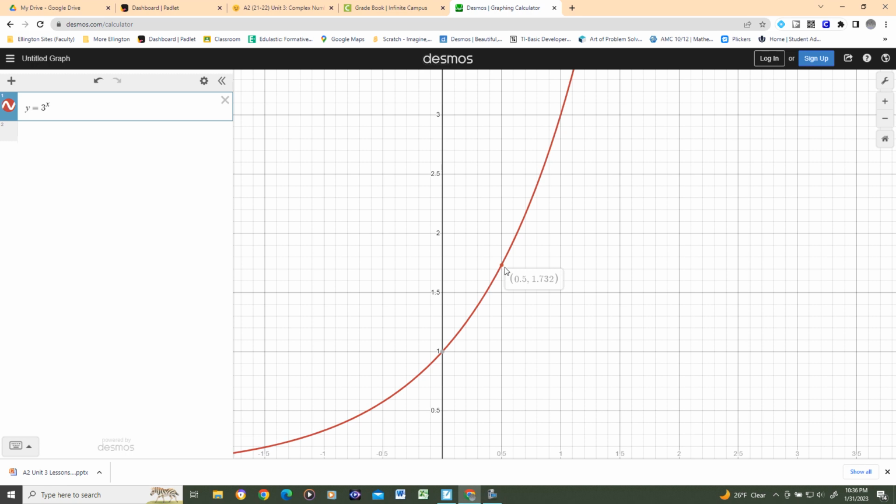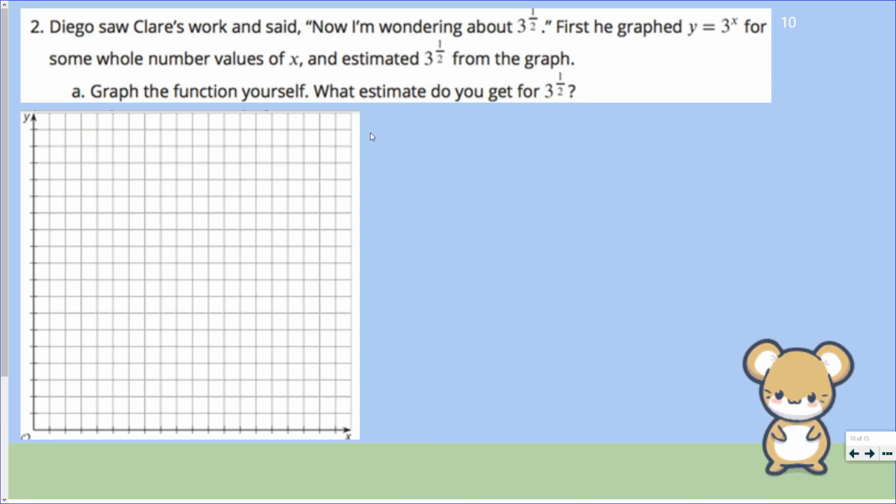Okay, 1.732. So once again, let's try to apply the properties to it, shall we? We're going to get about 1.732 for this one. And again, you can draw the graph here, but for the sake of brevity, let's move on.